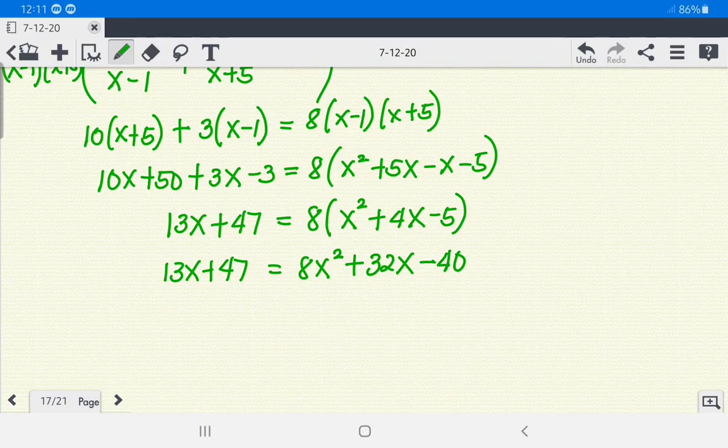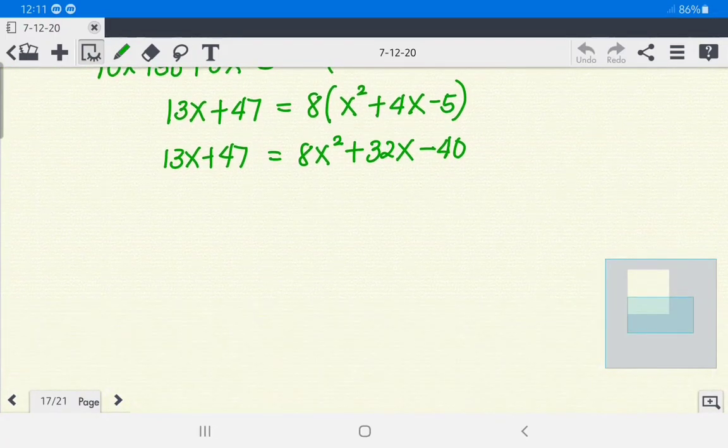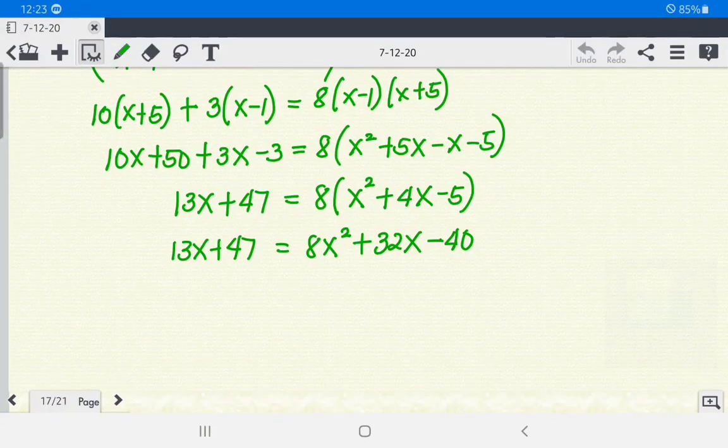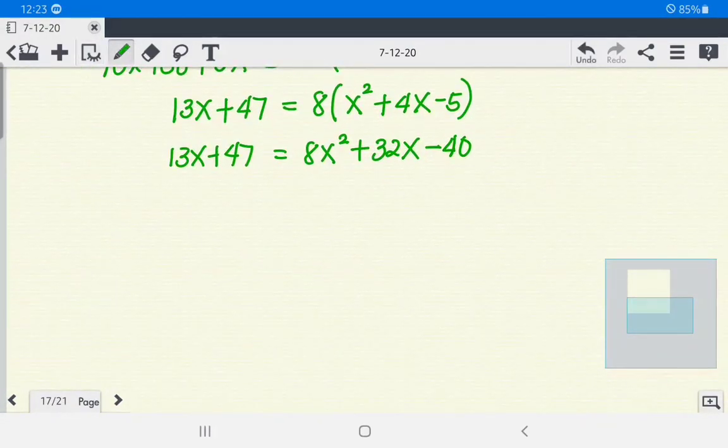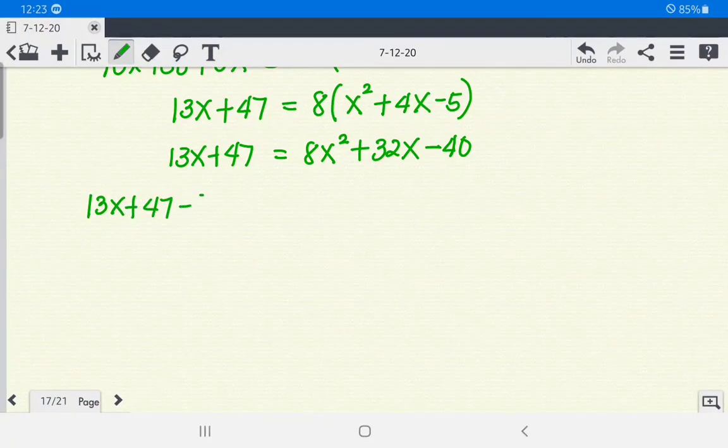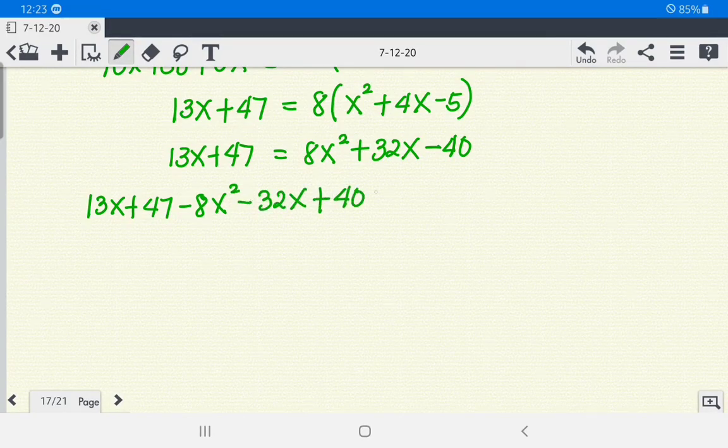Okay? Transpose first all the terms on the left side of the equation. So we have 13x plus 47 minus 8x squared minus 32x plus 40 equals to 0. Then let us now collect like terms.